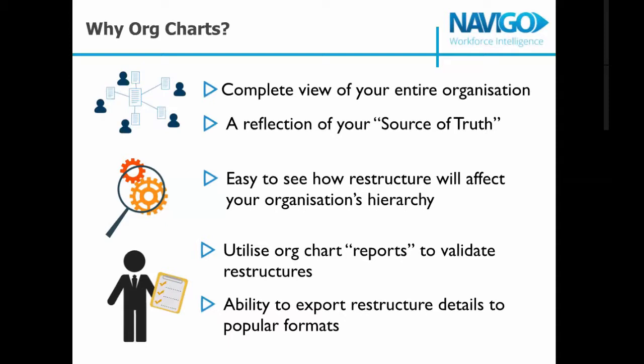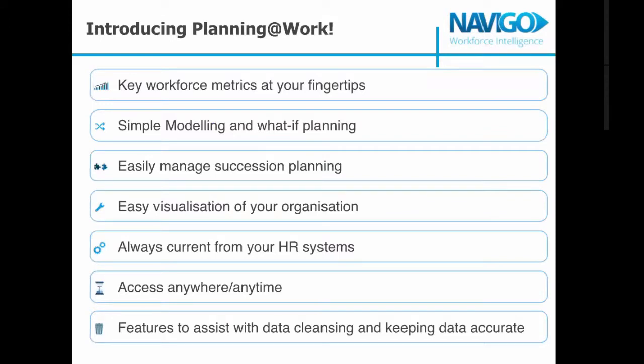All right, so just a quick introduction to Planit Work. Planit Work is the enterprise cloud-based version of Org Plus, probably one of the more popular org charting tools used worldwide. With Planit Work, you have key metrics at your fingertips, and those metrics can be rolled out and offered on demand to your entire organisation. You also have the Plan and Model module as an option, which is a simple modelling and what-if planning tool.